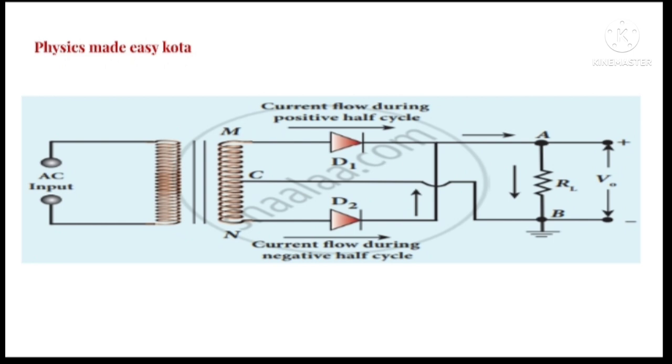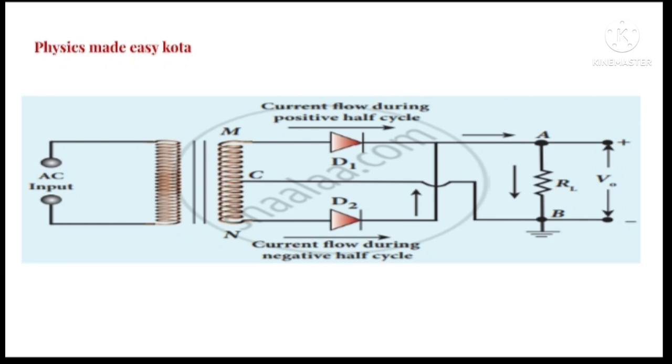For the second half, when the negative half cycle of the AC input is fed into the primary coil, again the diodes D1 and D2 show some changes. For this case, the diode D1 acts as reverse biased and the diode D2 acts as forward biased, as the direction of the EMF changes during the negative half cycle of the AC.